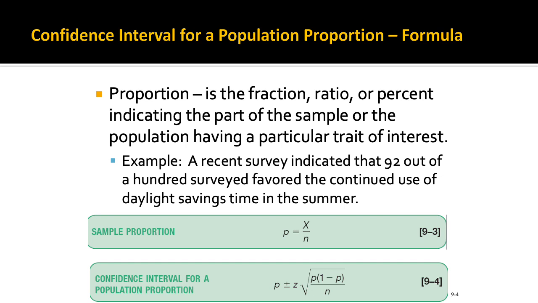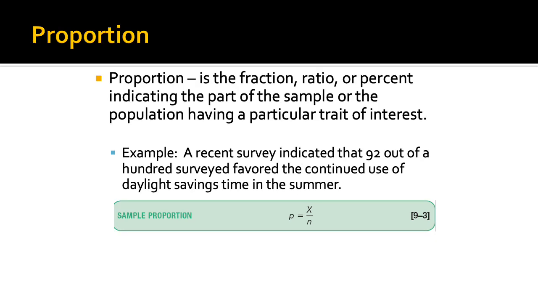This section, z times the square root of p times 1 minus p over n, is still called the margin of error. So in this case, the sample proportion is 0.92. Let's go on to a practice question.